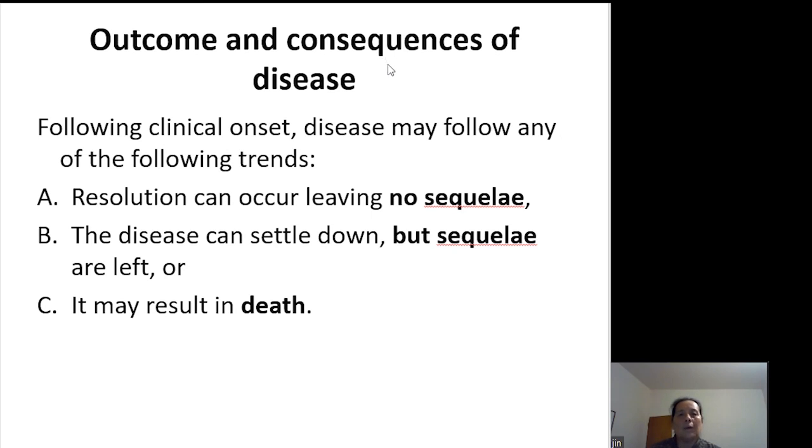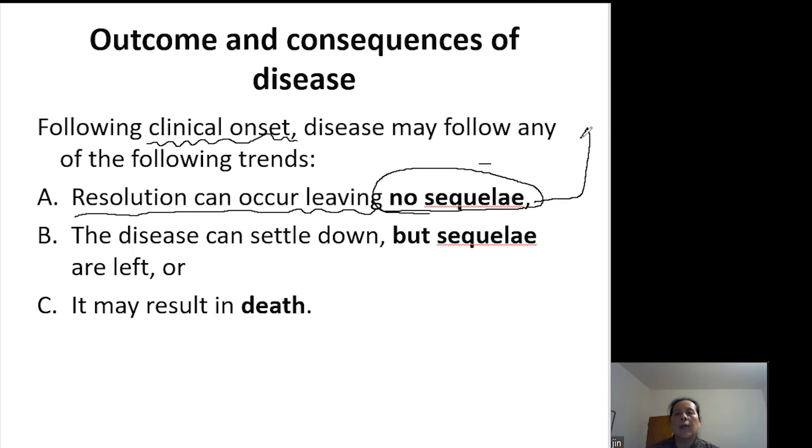Then we're talking about some severe cases. When they go to the clinical onset time, they may just recover, naturally recovered, living without any kind of symptoms or signs.